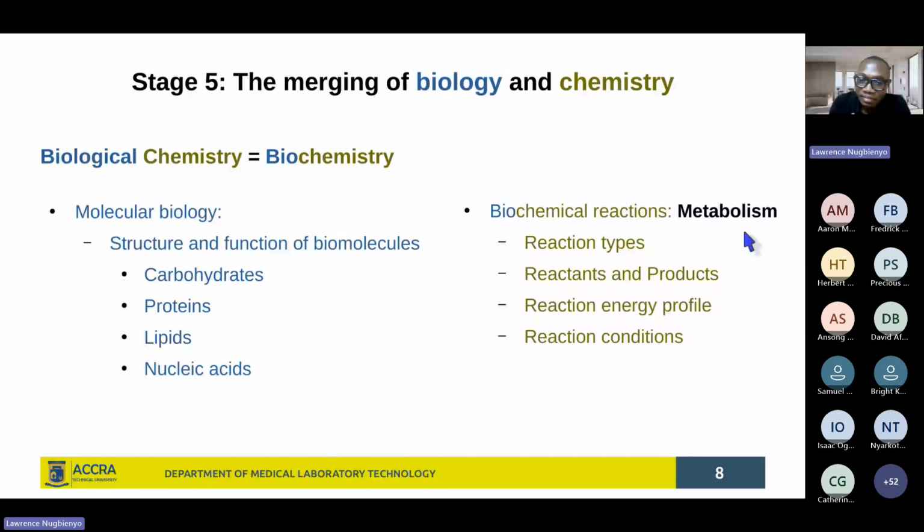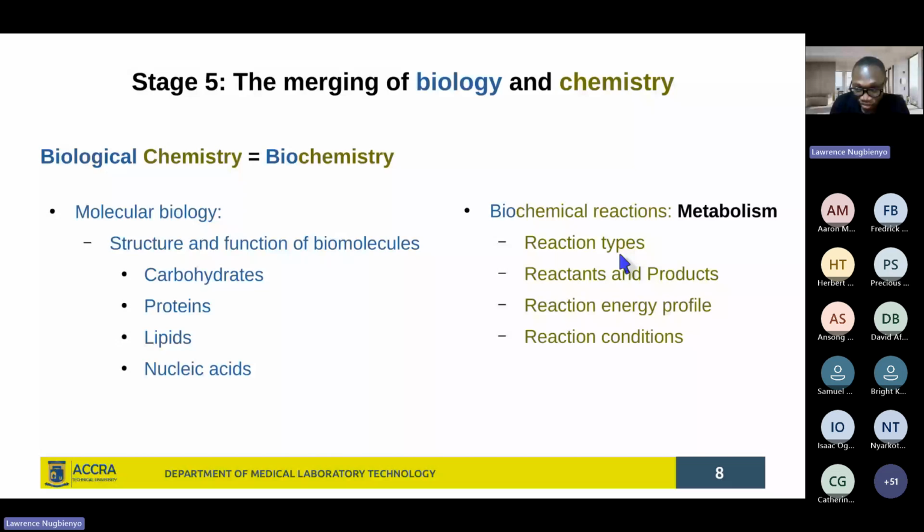So you want to look at the types of the reactions. They are mostly going to be reduction, oxidation reactions. Well, sometimes you can have things like acid-base interactions.